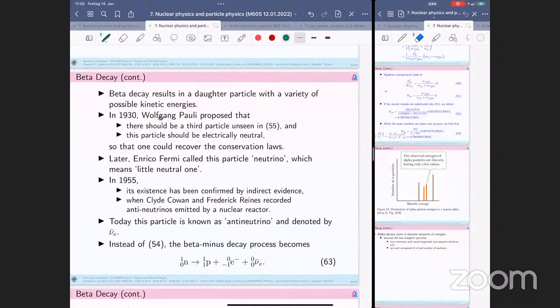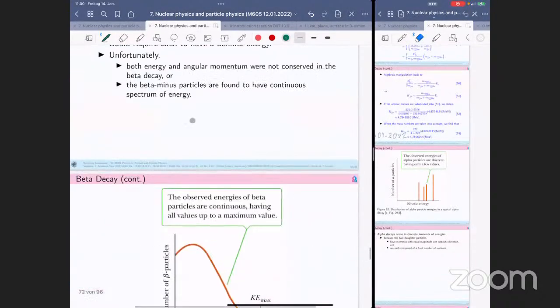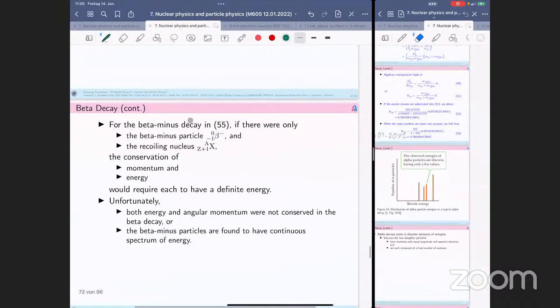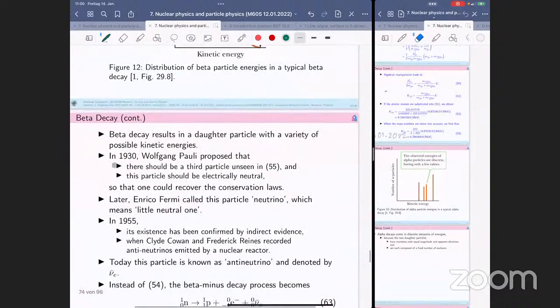In 1930, Wolfgang Pauli proposed that because the classical physics theories were not valid, with no conservation of momentum and energy, he tried to correct this theory and find more reason behind it.